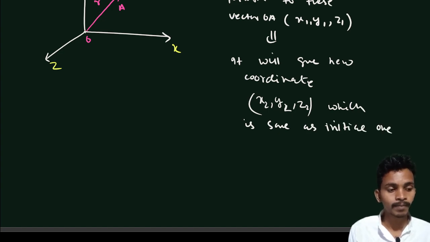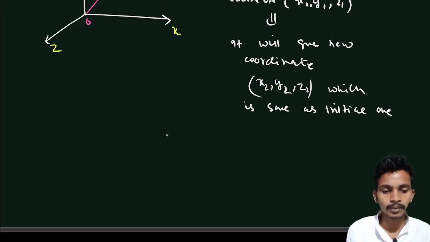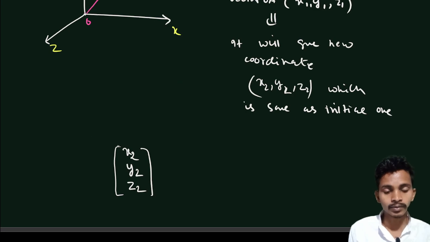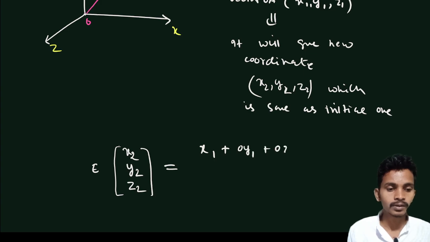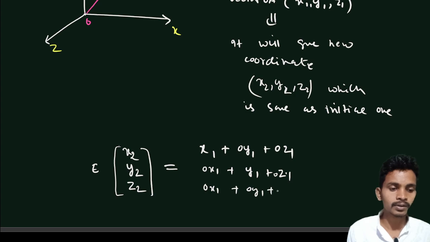What does it mean? Let's say we have x2 y2 and z2, and we apply the symmetry operation E, identity. Then it will give rise to: x1 plus 0 y1 plus 0 z1, 0 x1 plus y1 plus 0 z1, and 0 x1 plus 0 y1 plus z1.